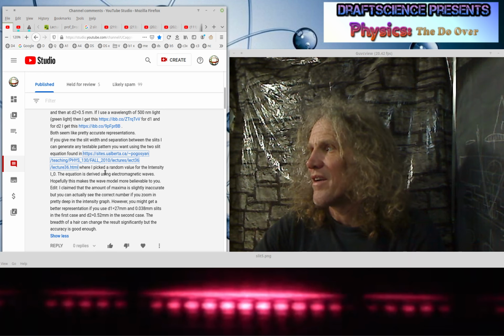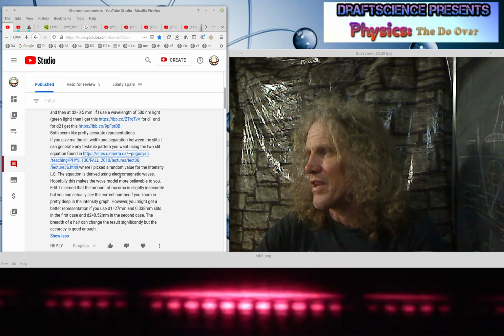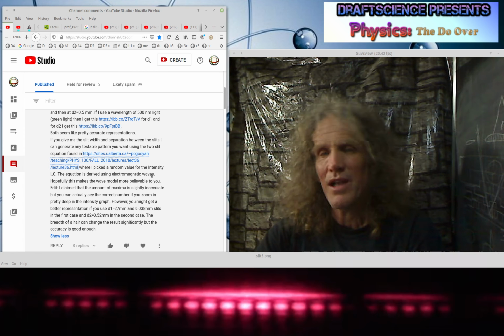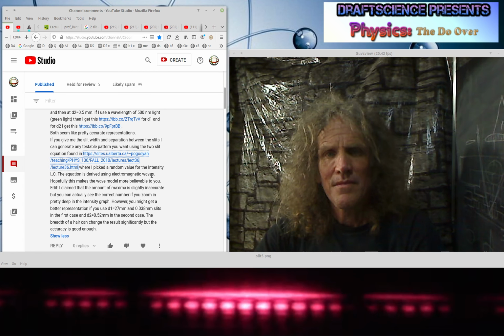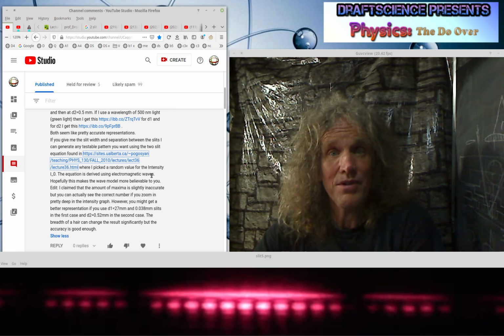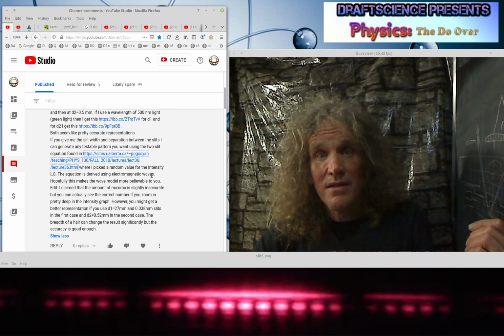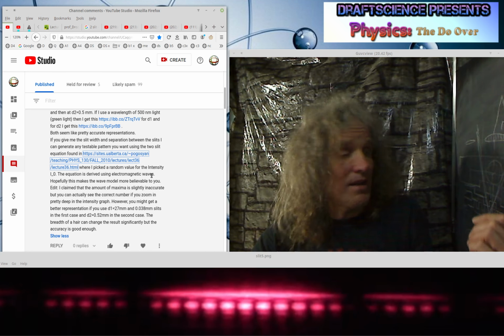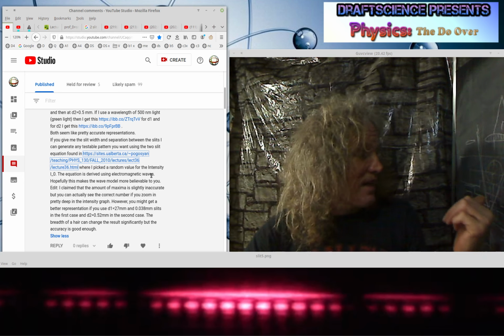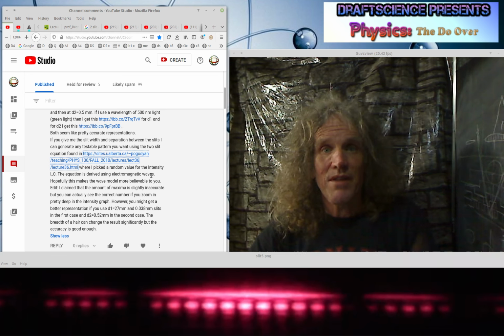Anyway, where I picked a random value for the intensity IQ, the equation is derived using electromagnetic waves. No, it isn't. It's not. So you can say it's derived through, no, it's derived through sine theta. Until you prove sine theta is a wave, it doesn't have to be a wave at all. It can just be an angle at which a ray of light goes.